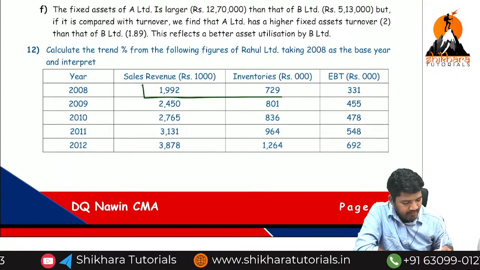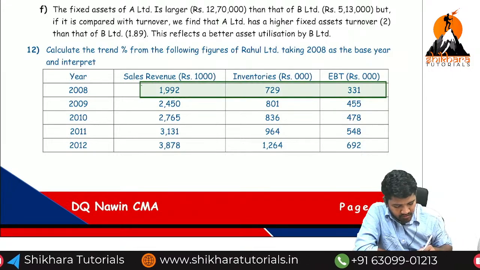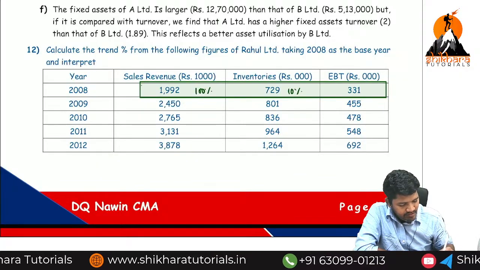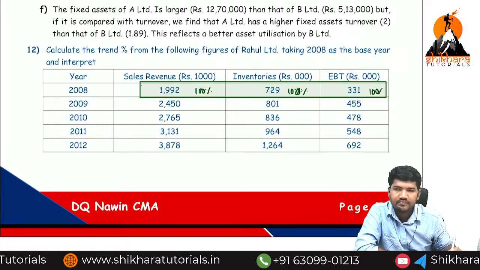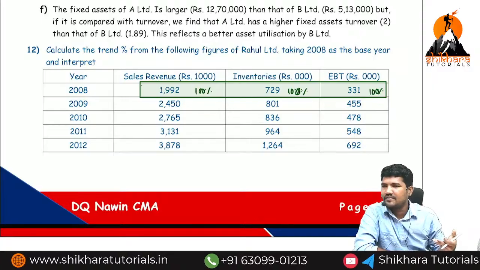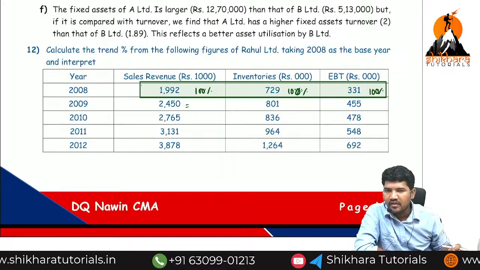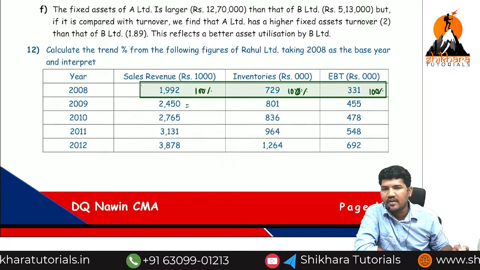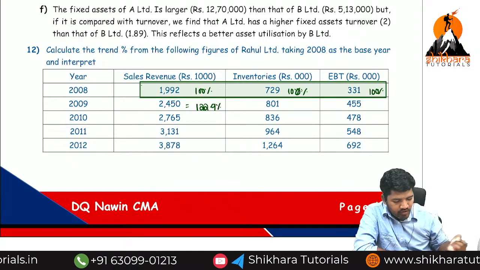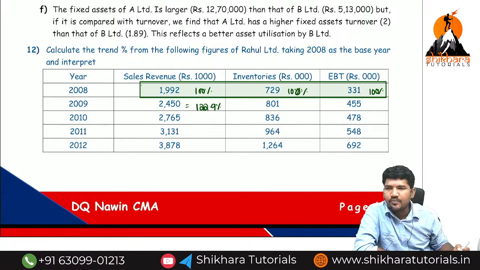If you decide this is the base year, the answer shows 100%, 100%, 100%. Why? Because base year divided by base year, both are the same, right? Now current year 2450 divided by base year 1992 into 100, 122.9%.